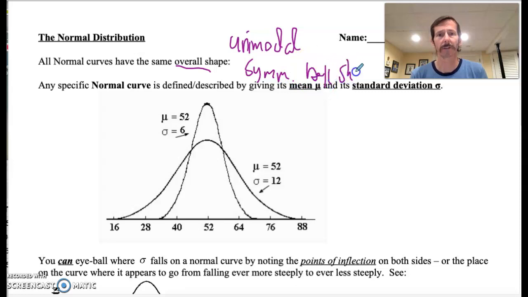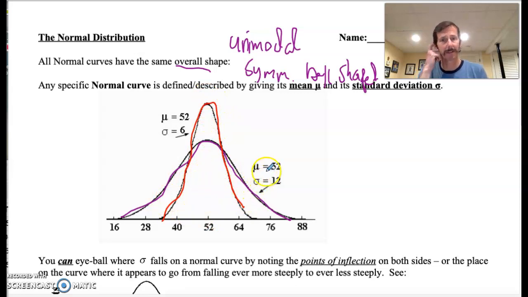So sometimes you'll actually hear them referenced as a bell curve, the normal bell curve. That being said, they don't all look exactly the same. So this is one normal curve right here, this purplish one. And this is a different normal curve, the one I'm tracing in red. They are both unimodal, they're both symmetrical, and they're both bell-shaped, but they're not exactly the same.